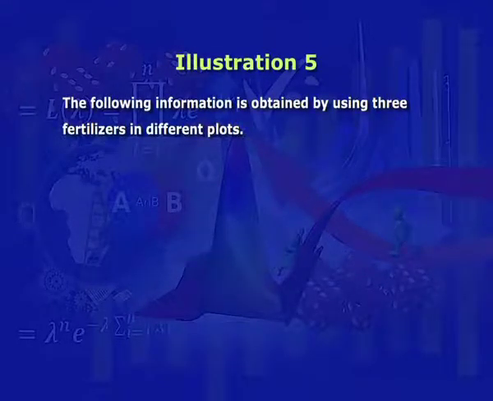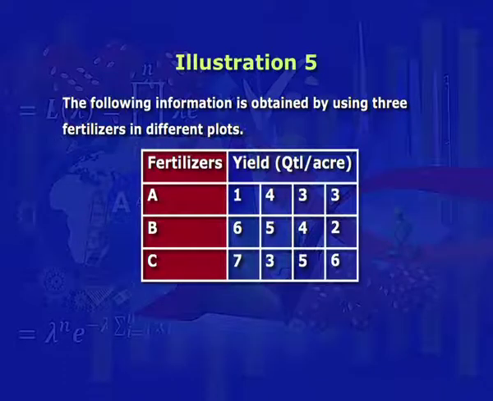Illustration 5. The following information is obtained by using 3 fertilizers in different plots. Here we have given 3 fertilizers A, B and C and corresponding yield quintal per acre given in 4 plots. For fertilizer A, the values are 1, 4, 3, 3. For fertilizer B, values are 6, 5, 4, 2.